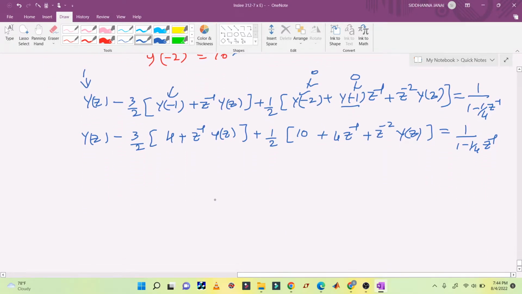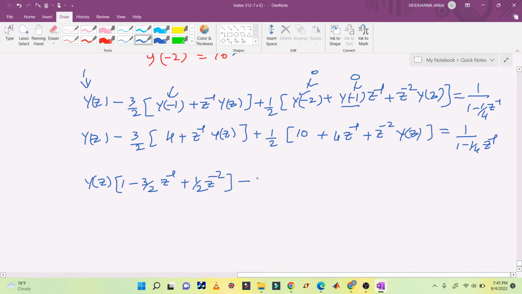Okay. Now separating out the terms, Y of z I take common, means 1 minus 3 by 2 z inverse plus 1 by 2 z to the power minus 2. Minus 3 by 2 into 4, that is 2 and 2 will cancel out.